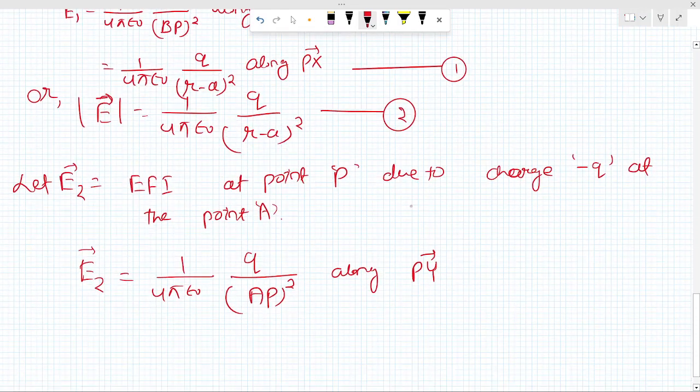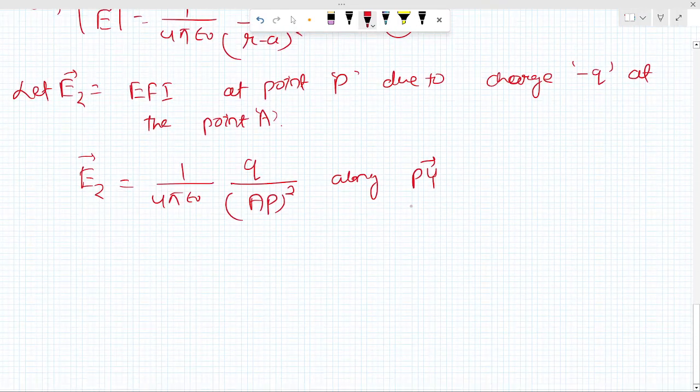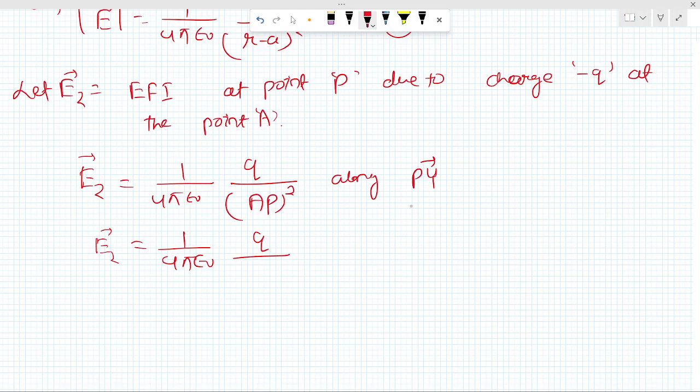This will become 1 by 4 pi epsilon naught q divided by r plus a whole square along PY. Give it equation number 3.